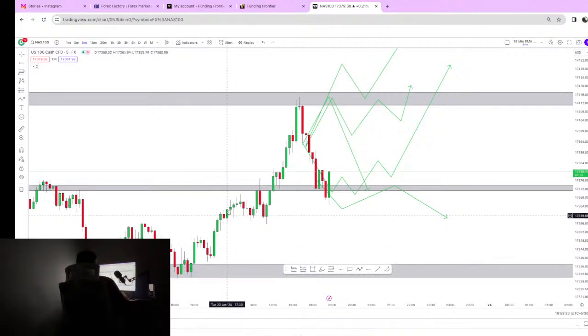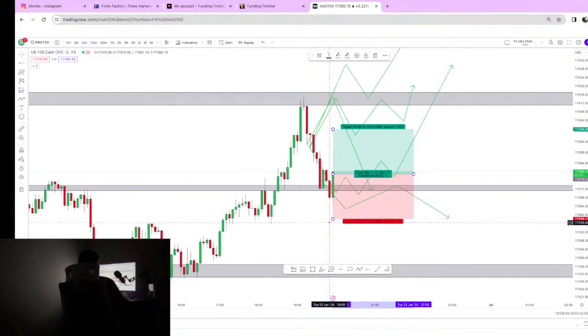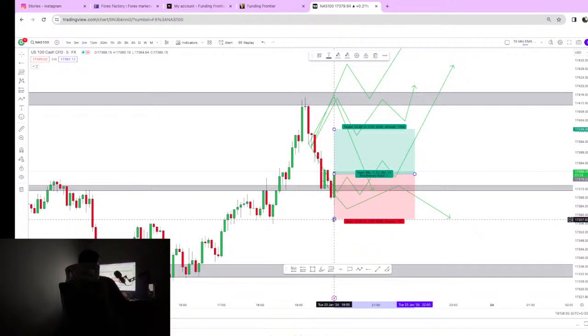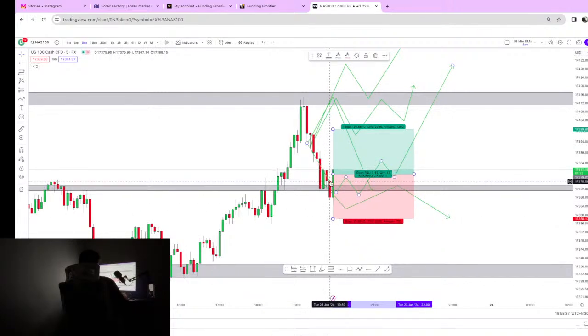But what I am seeing is higher highs and higher lows, so it may proceed now. So we can think of buying if it is an engulfing candle and closes above this, keeping the stop loss here.